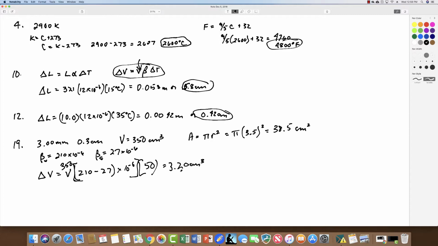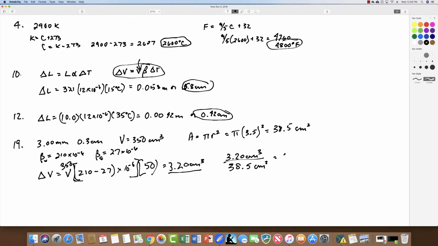Now, how far would it drop if the change in volume was the only thing that was making it drop? Well, if you take this change in volume and you divide that by the cross-sectional area, which you calculated up here, then what's left is the height that it drops.